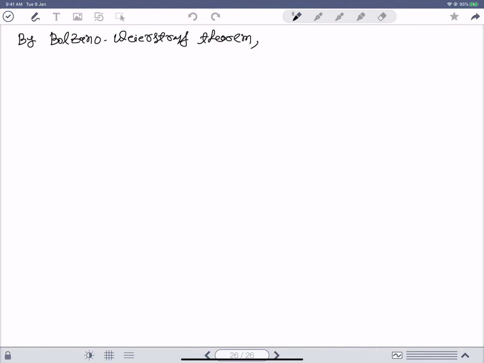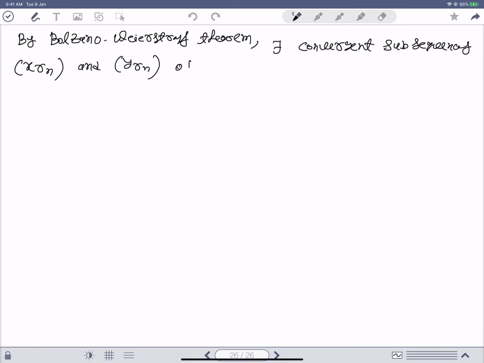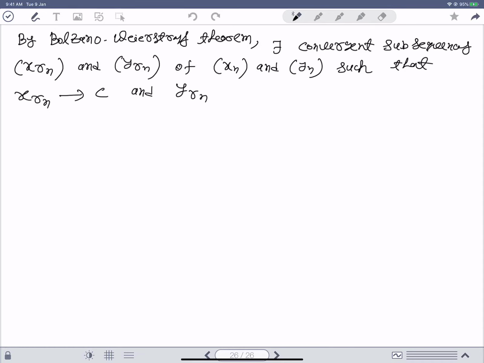But we can use the Bolzano-Weierstrass theorem and we get that there exist convergent subsequences, say x_rn and y_rn, of the sequences x_n and y_n such that x_rn converges to a number c and y_rn converges to a number d respectively.